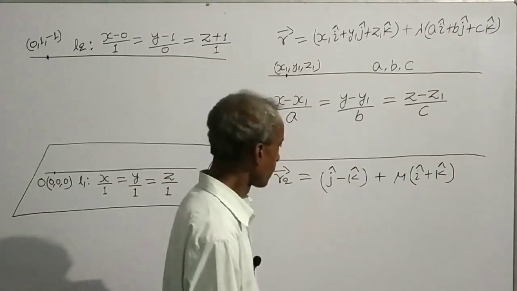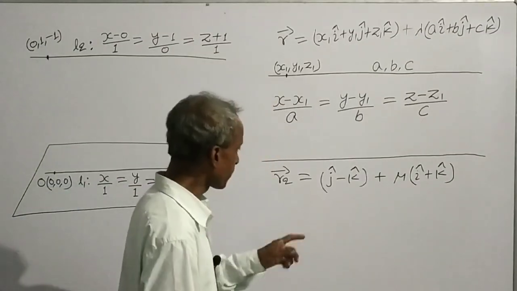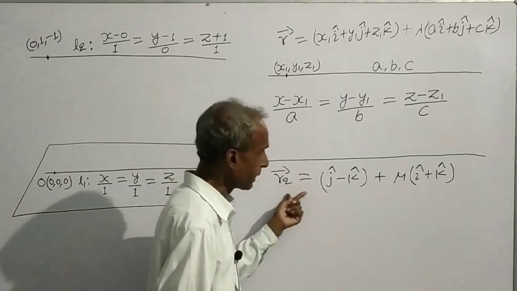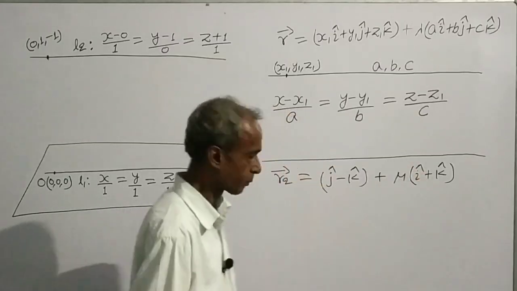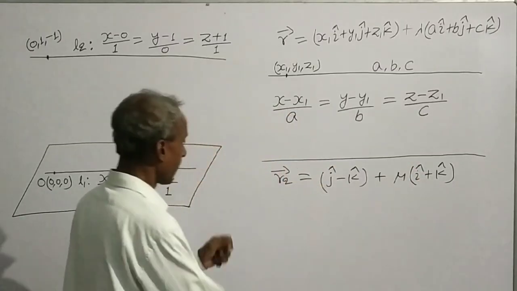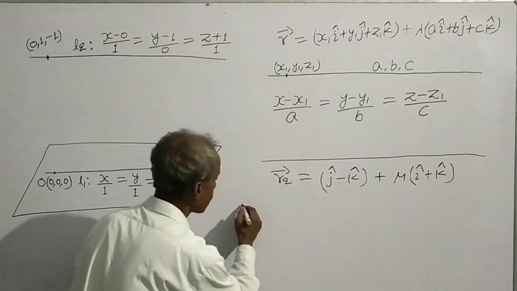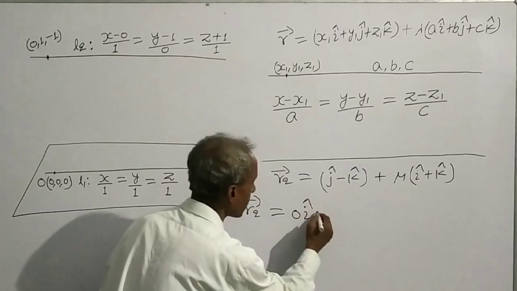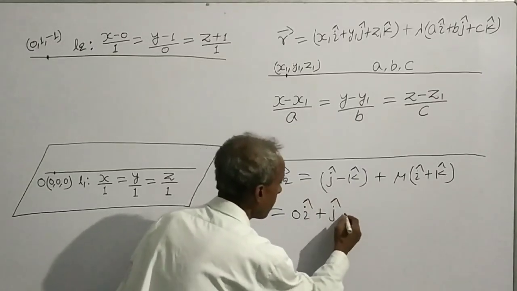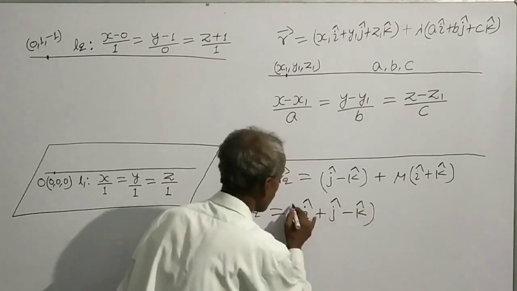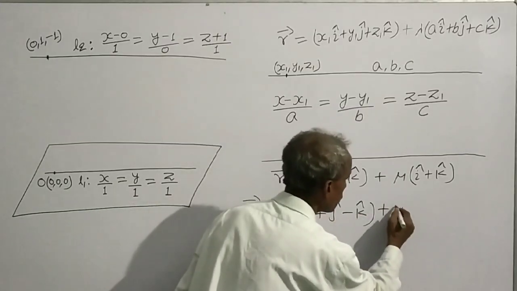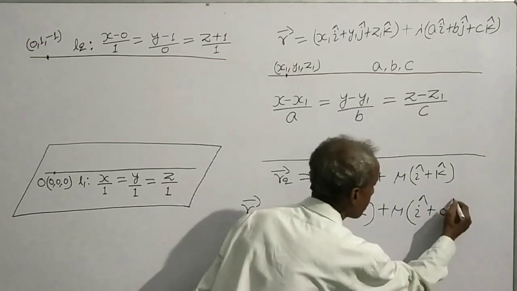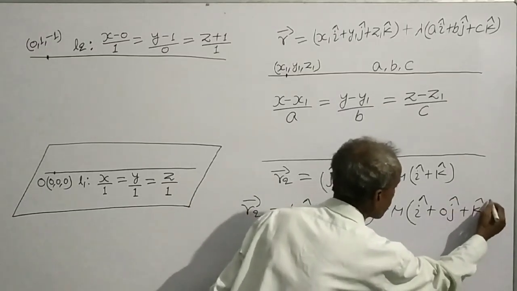In the question, equation of another straight line in vector form is given as this. This equation can be written as vector r2 is equal to 0 i cap plus j cap minus k cap plus mu times i cap plus 0 j cap plus k cap.